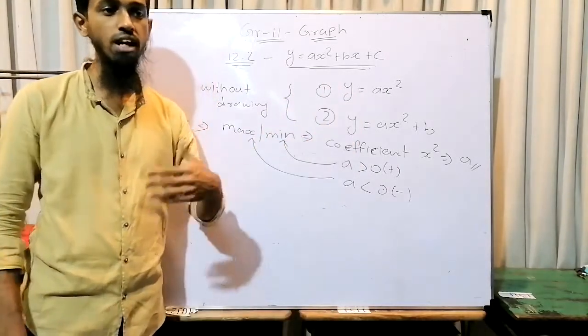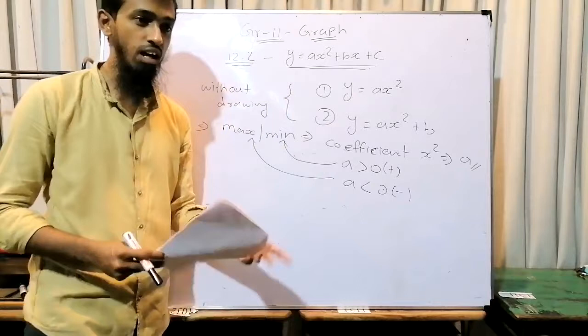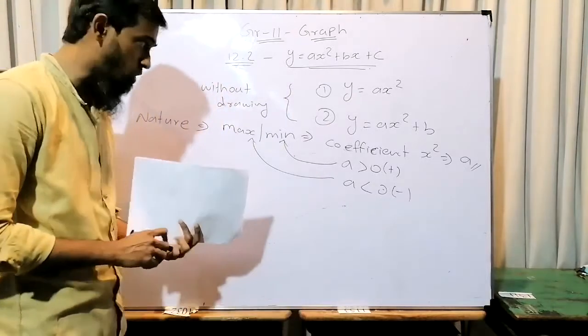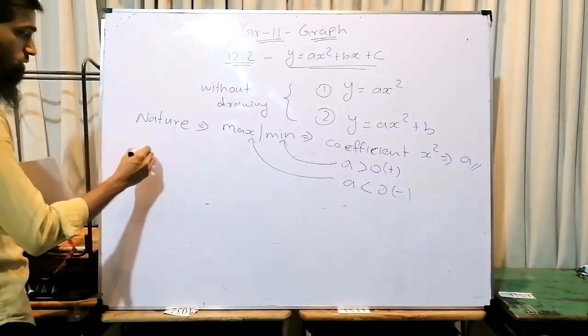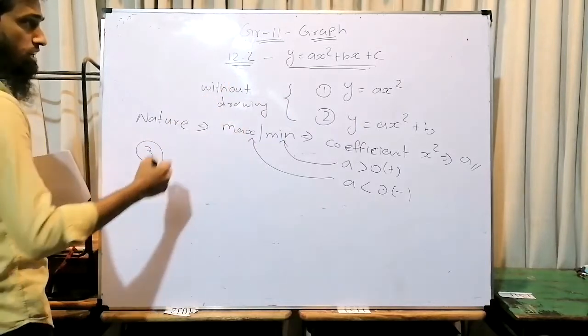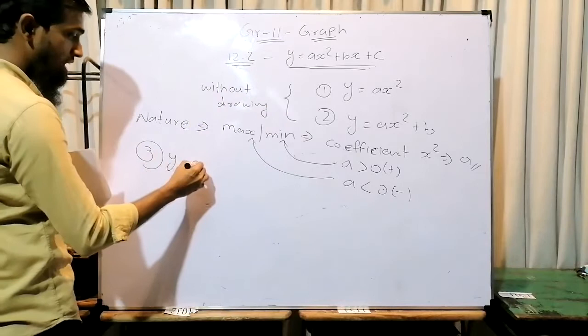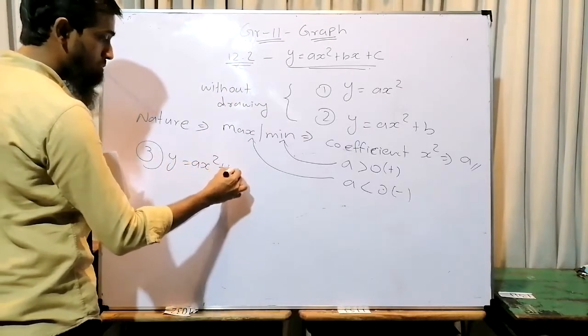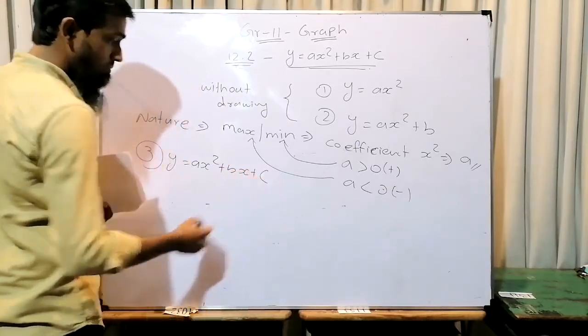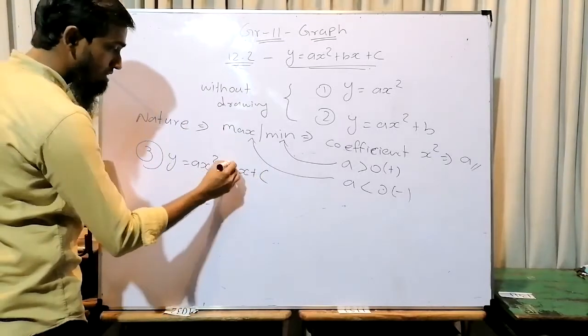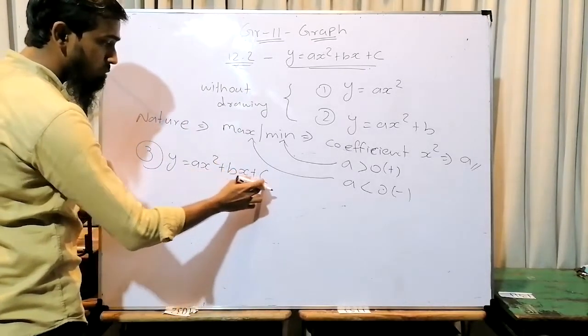If you go to grade 11, there are another three varieties of equation. The third one is the one under 12.2 we are going to study: y equal ax squared plus bx plus c. I think you are familiar with ax squared plus bx plus c.